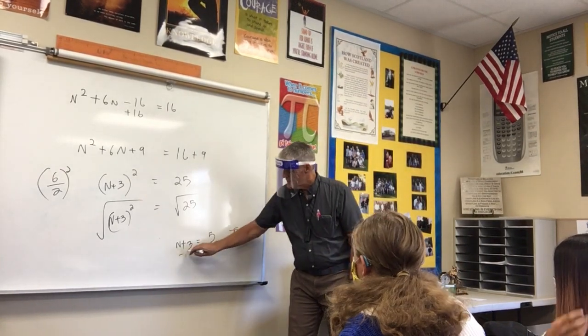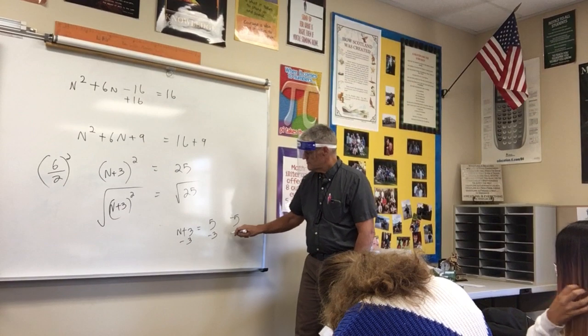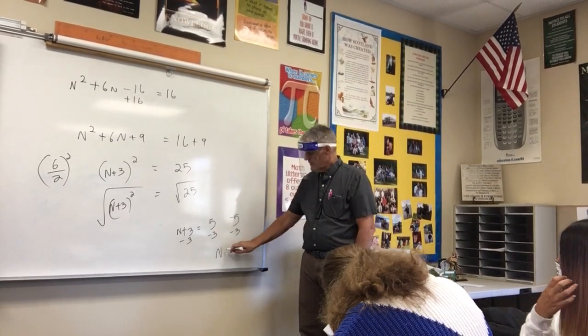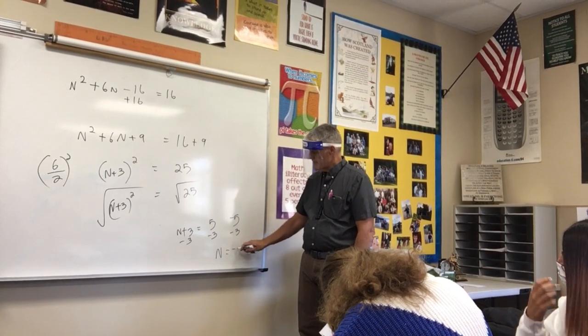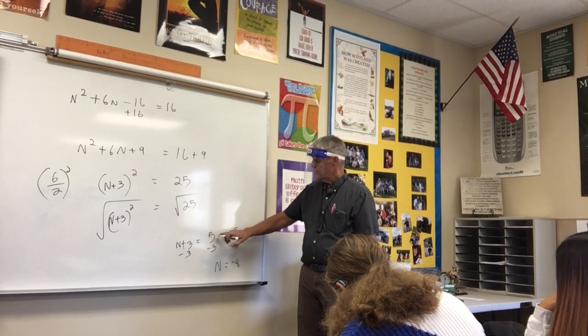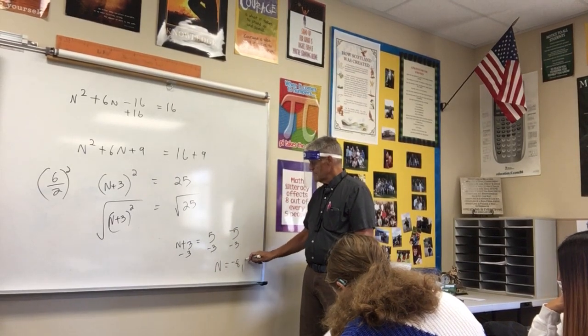So I have minus 3, minus 3, minus 3. So n equals 5 minus 3, which is 2, and negative 5 minus 3 is negative 8.